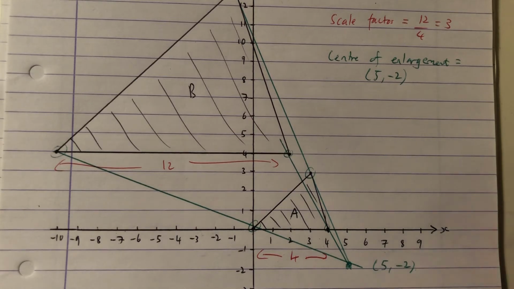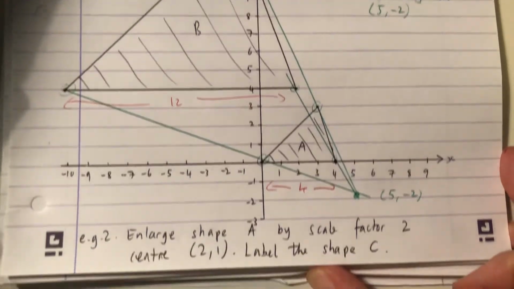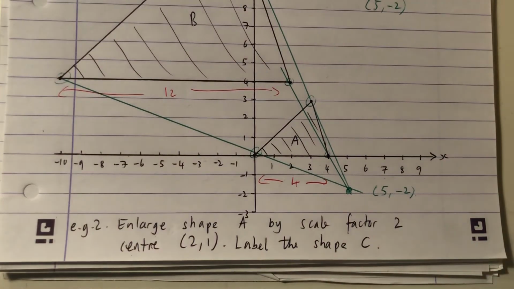Now, another way they could ask you to do these questions is actually perform the enlargement itself. So e.g. number 2 is going to enlarge shape A, so that original shape, by a scale factor 2, so it's going to be twice as big, with the centre 2, 1. Now, if I just said scale factor 2 without a centre, you wouldn't know where to position the shape, even though you know it's going to be twice as big.